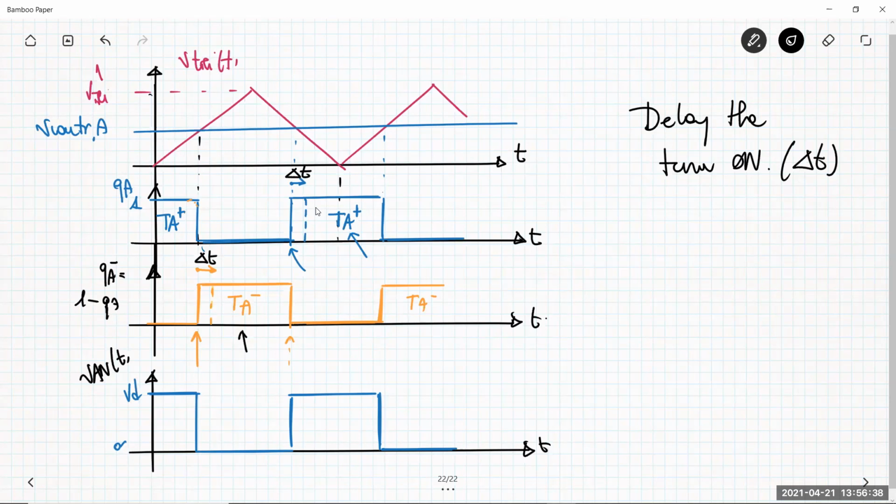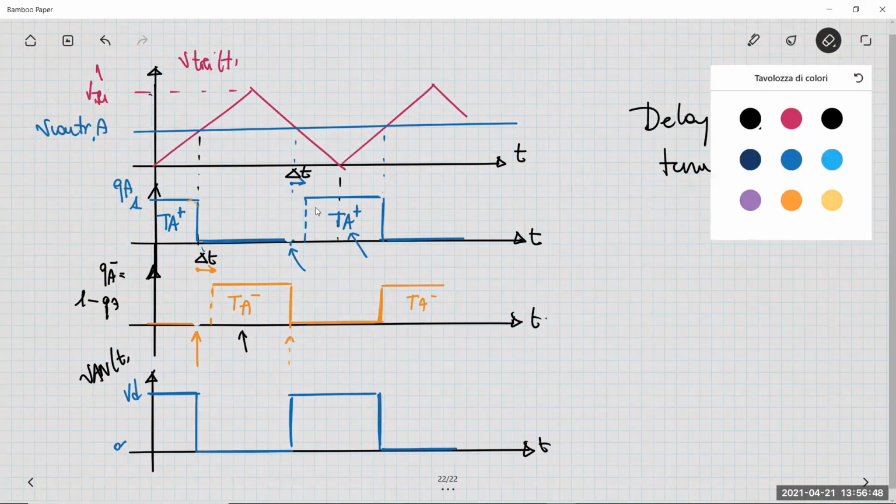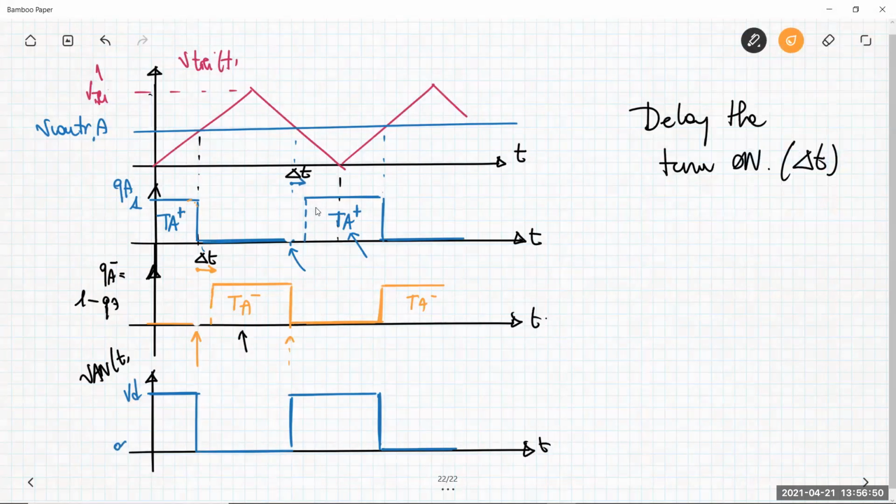So basically, if I delay in this way, what happens? I'm changing the situation in this way. This was the original time instant, and now I put this delay.